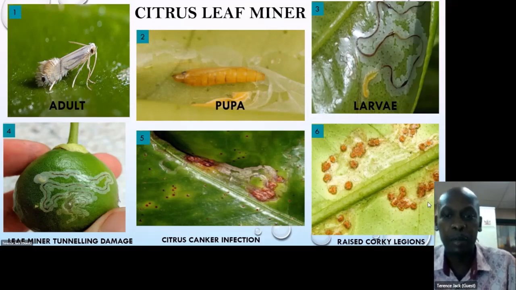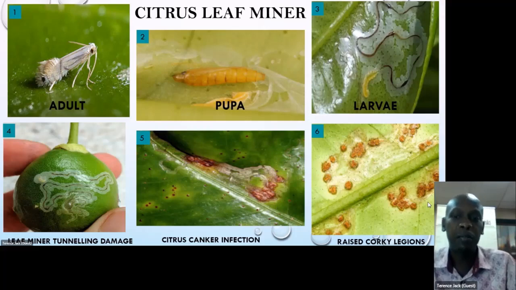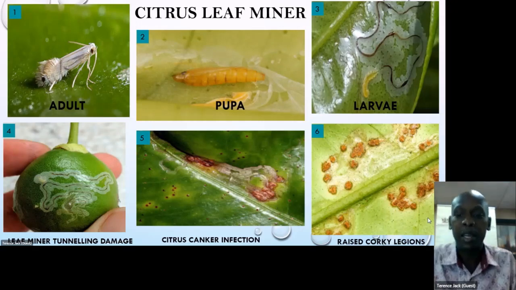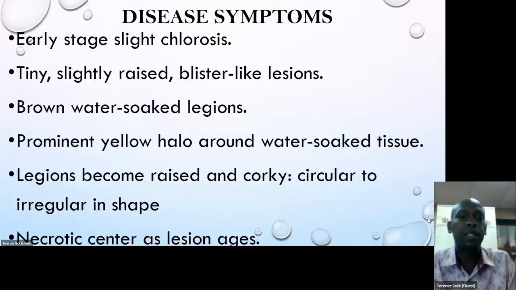In pictures number 5 and 6, this shows the epidemiological development of the citrus canker in the burrows that the leaf miners would have created. Hence, once again, farmers must be aware and cognizant of the potential damage that citrus leaf miners can cause, and how they can contribute to and facilitate the development and spread of the citrus canker disease.